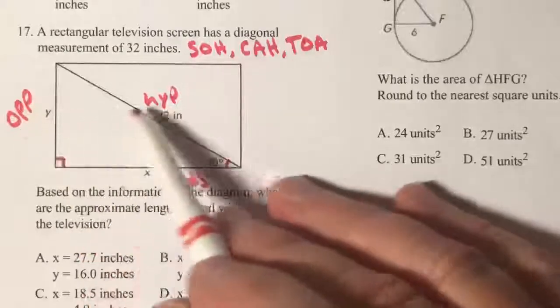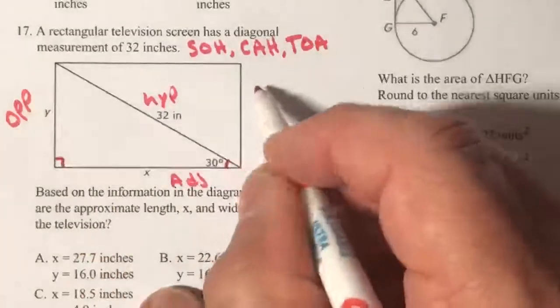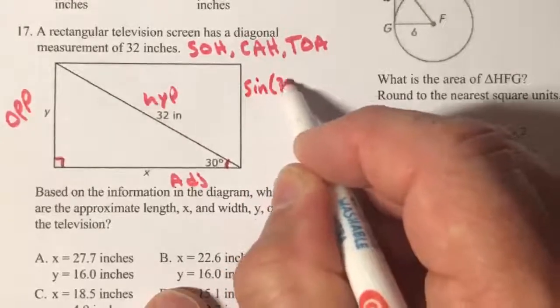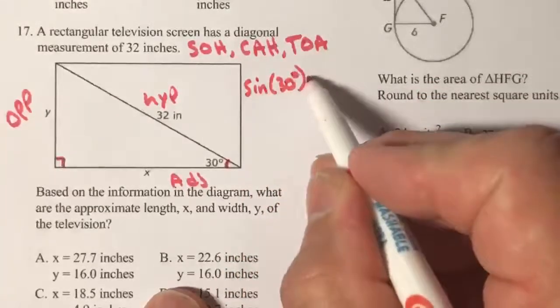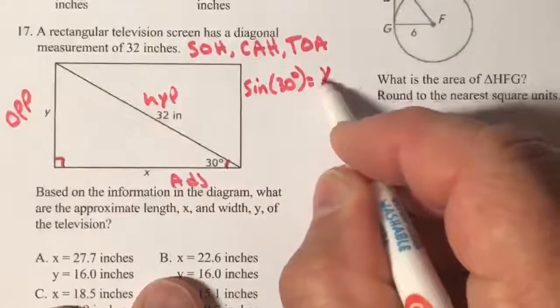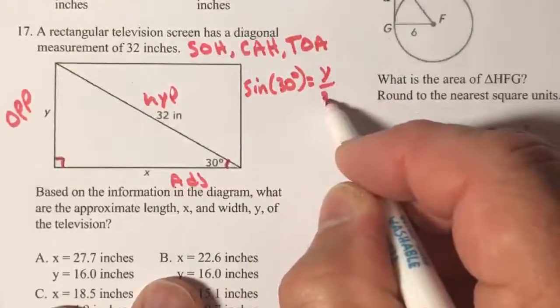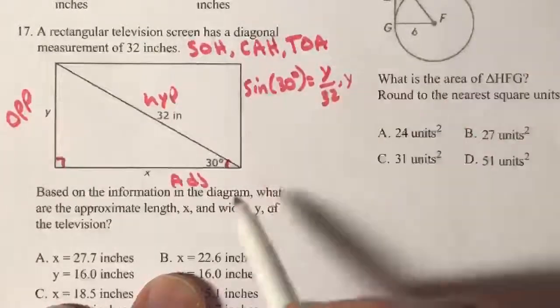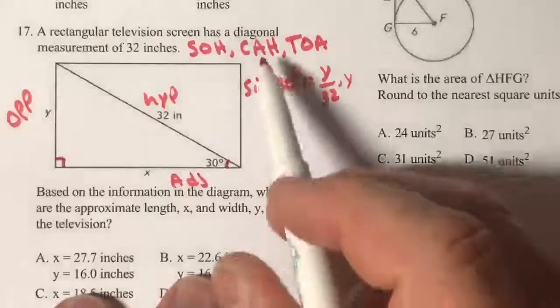Sine is opposite over hypotenuse. Let's write that down. Sine, get your acute angle, get that degree symbol in there, and get your fraction. Opposite goes on top, which is y over 32, comma y. And next, go ahead and do your cosine. You already know it.